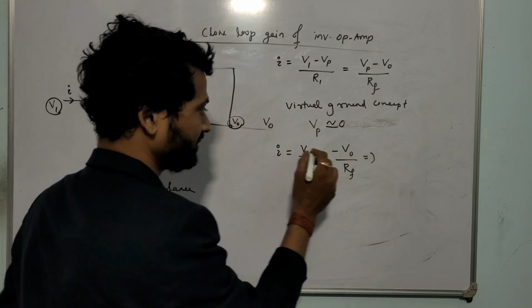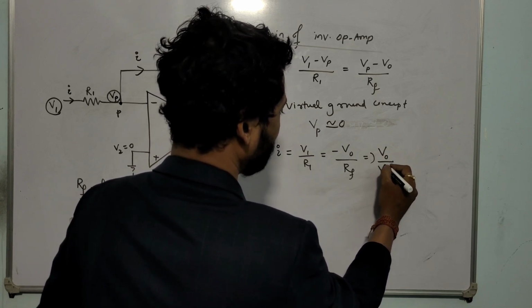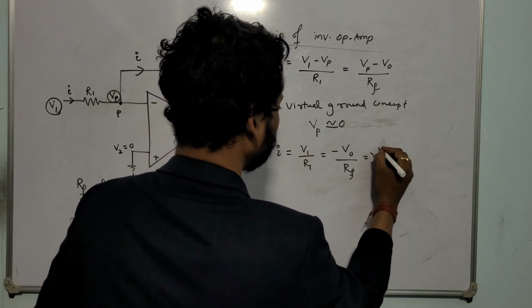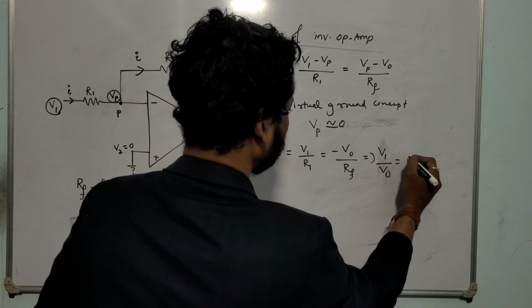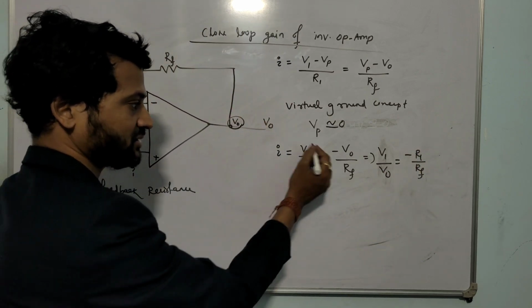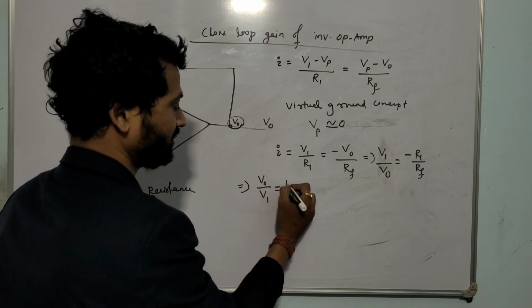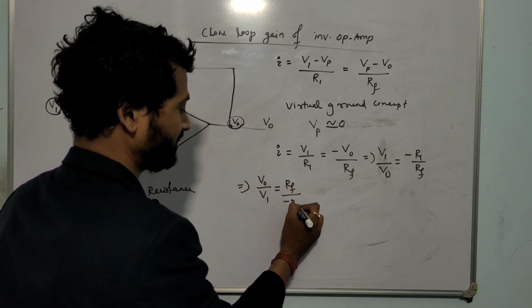So we can write V1 upon V0 is minus R1 upon RF. Cross multiply कर दो, then V0 upon V1 will be minus RF upon R1.